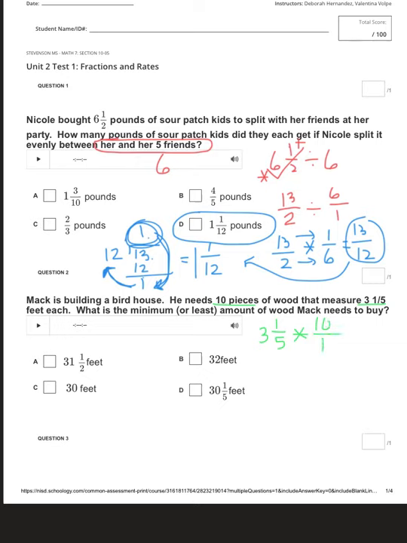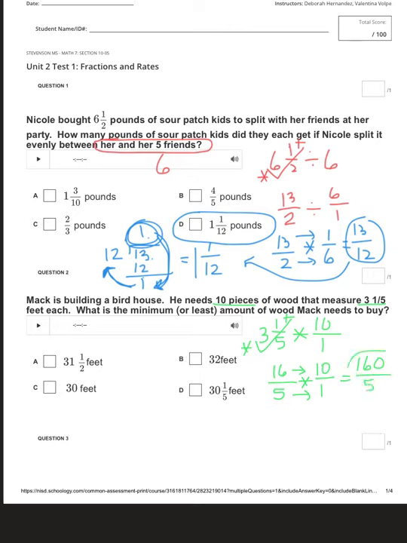Now the 3 1/5, you need to change to an improper fraction. So 3 times 5 plus 1, that's 15, plus 1 is 16. Keep that 5 as the denominator, times 10 over 1. You multiply straight across. You do not need common denominators, so 16 times 10 is 160. 5 times 1 is 5.